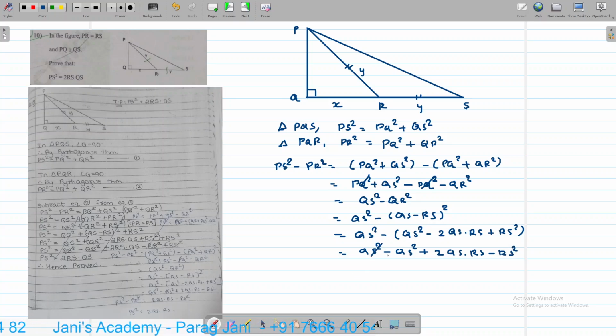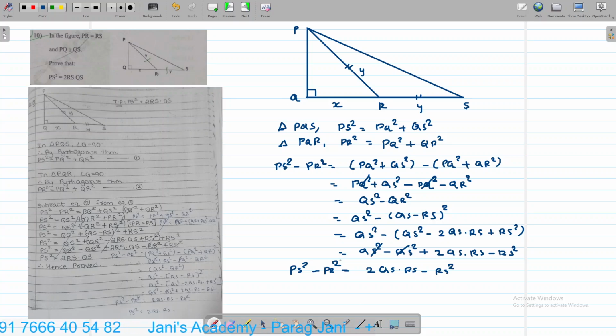Now QS square gets cut. Here it is PS square minus PR square, and here 2 QS dot RS minus RS square.